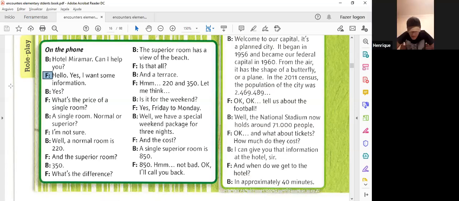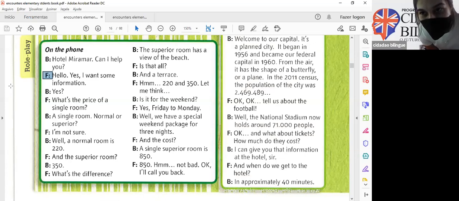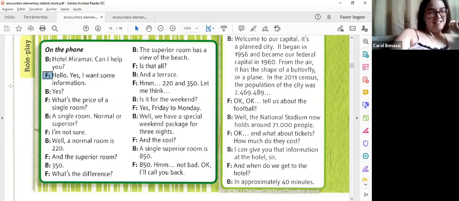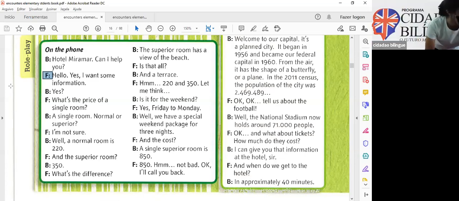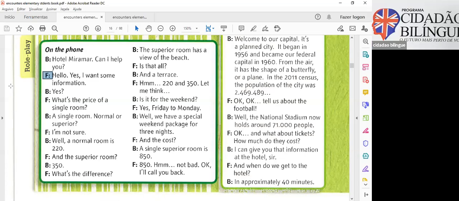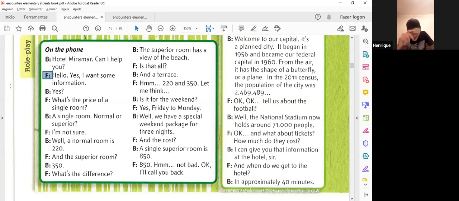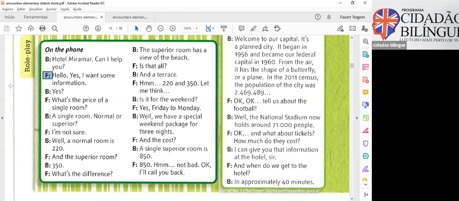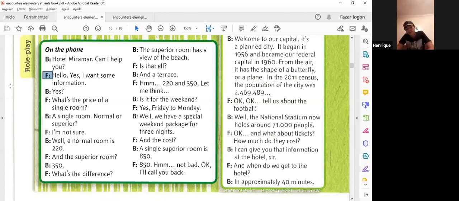Well, a normal room is 220. And the superior room? It's 350.